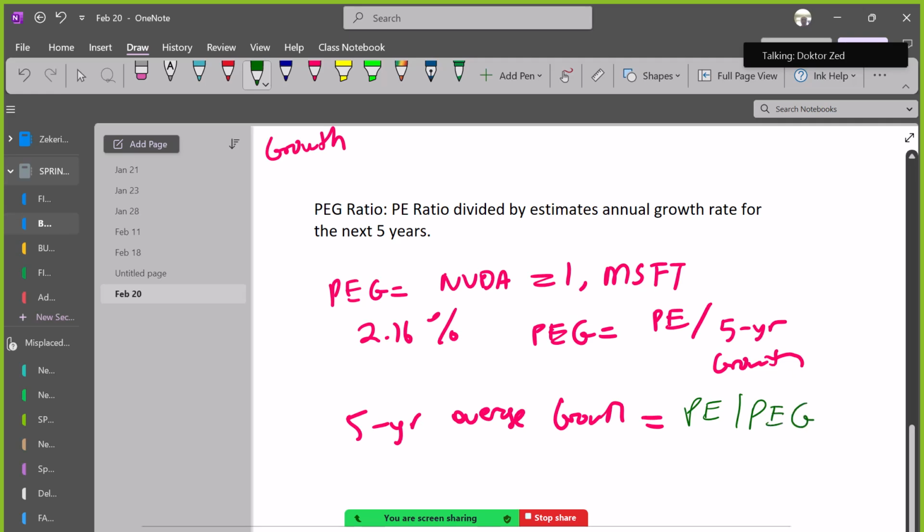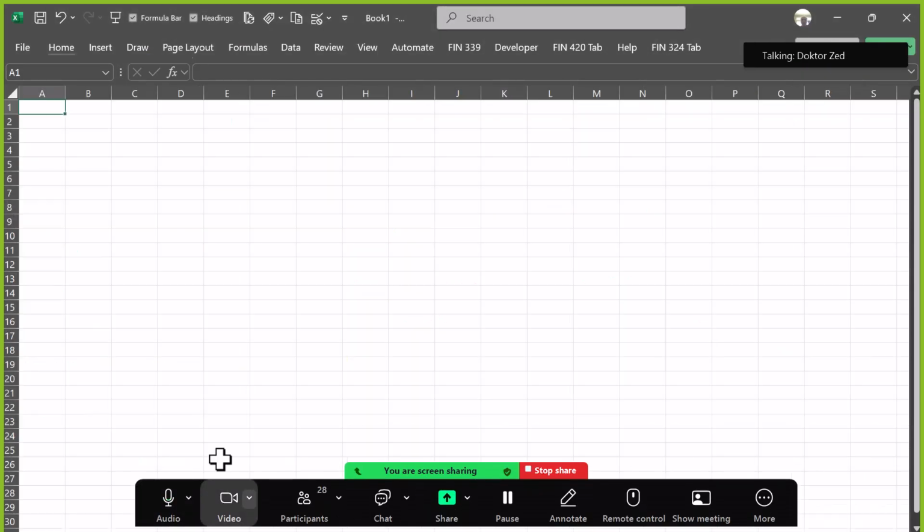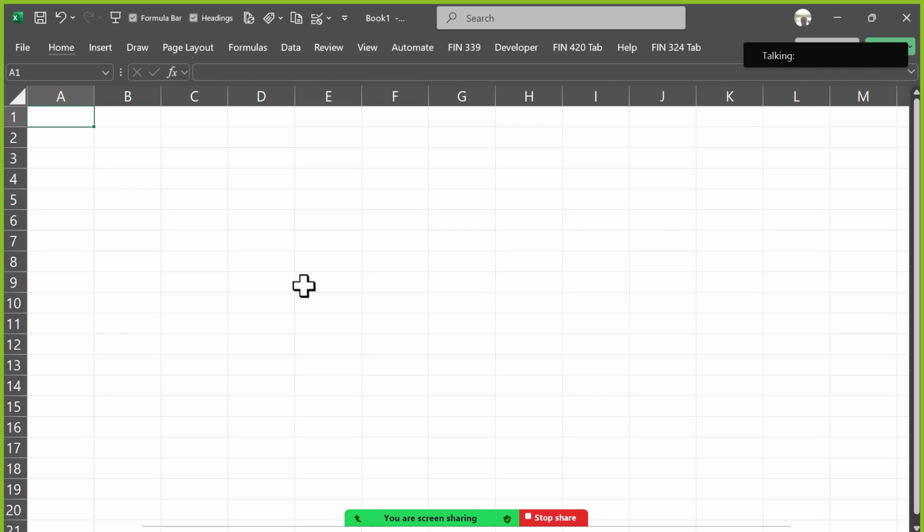So let's do it, assuming Excel actually is going to work. Let's see. Price, PE, PEG, and current EPS, and we'll calculate other stuff.